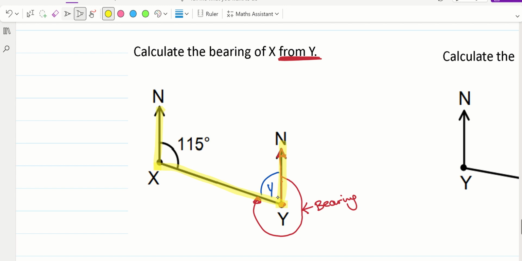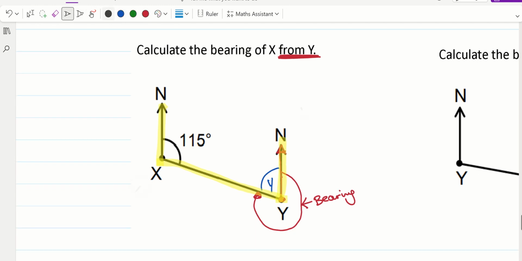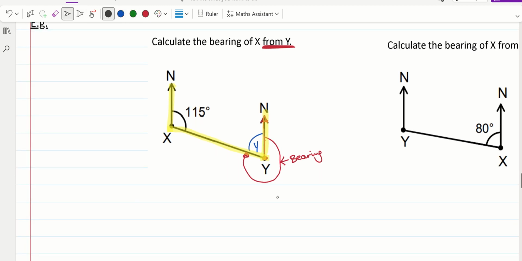So my step 1 is to find Y. And Y is 180 minus 115, which is 65 degrees.